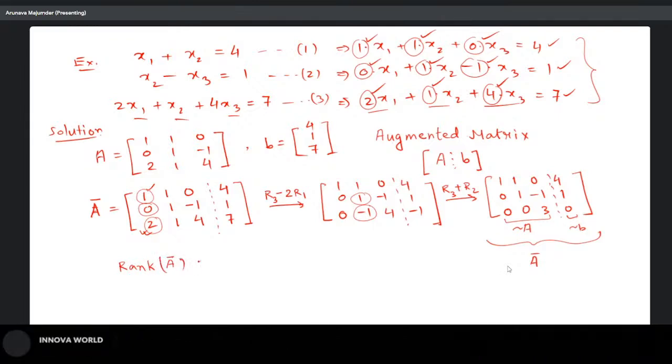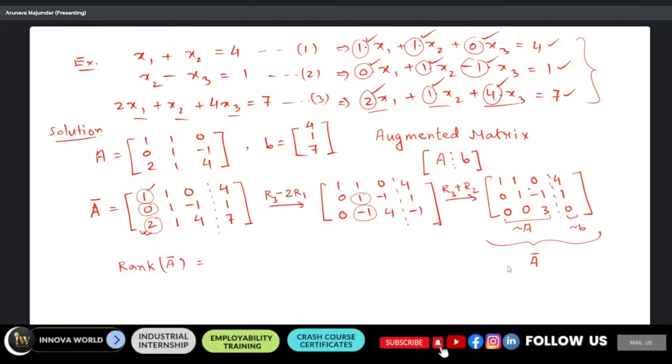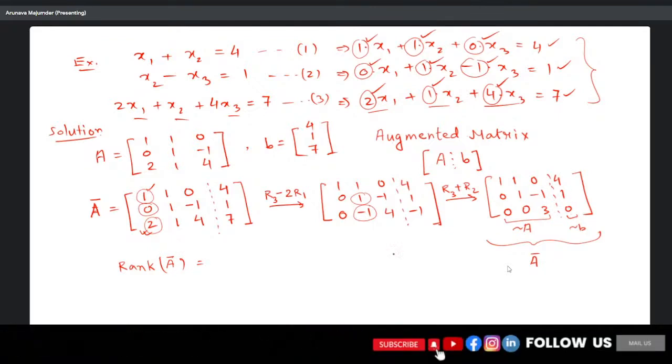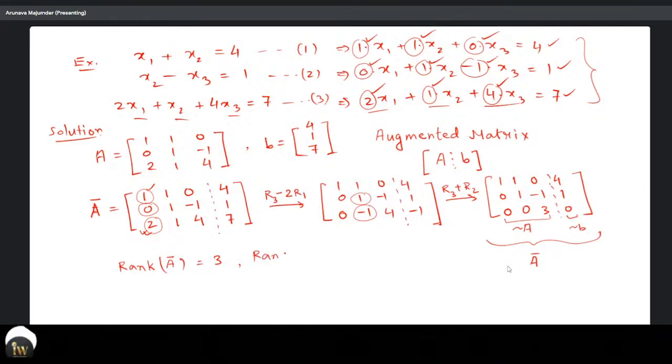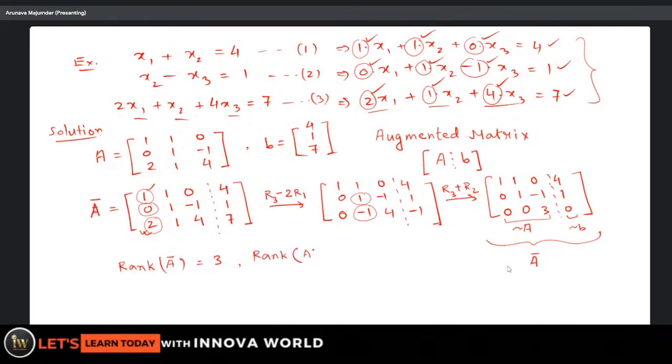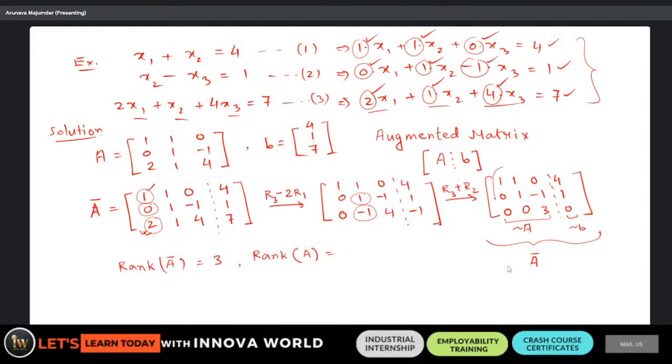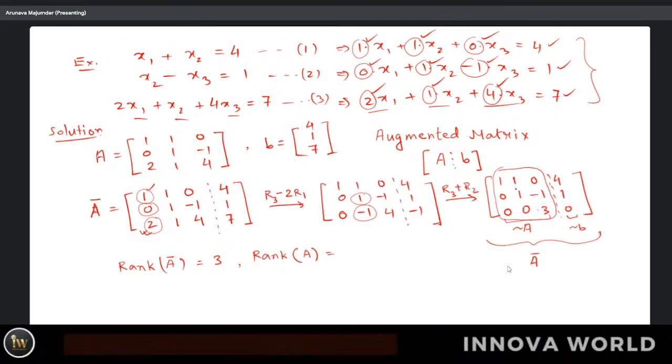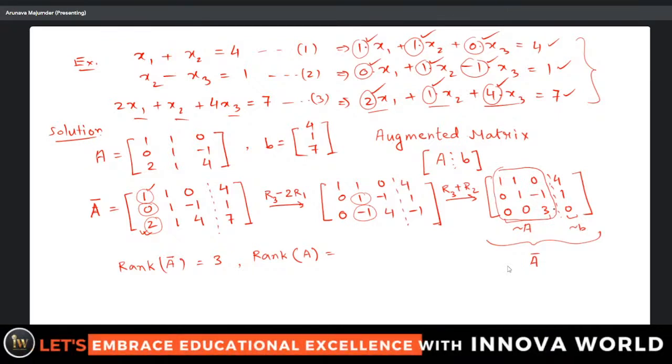Count the non-zero rows: 1, 2, 3. All rows are non-zero, so it is 3. Now what is the rank of A only? Rank of A is denoted by only this matrix. How many non-zero rows are there? First, second, third. All rows are non-zero rows.